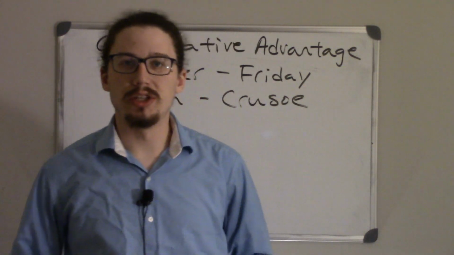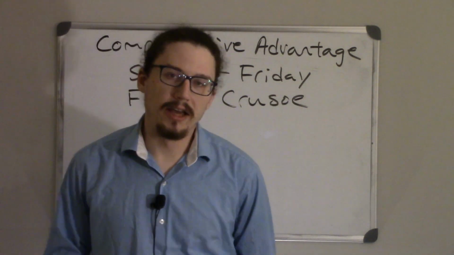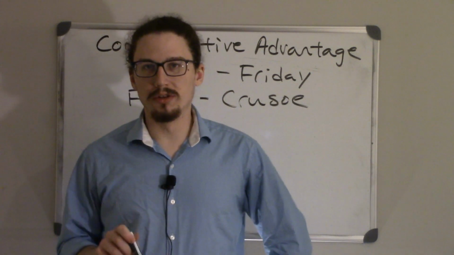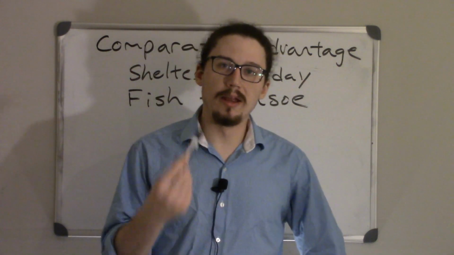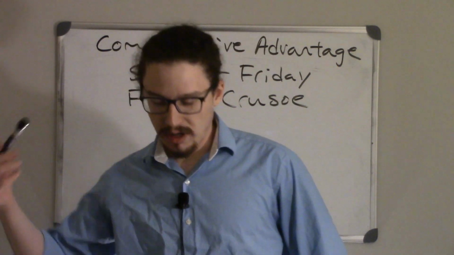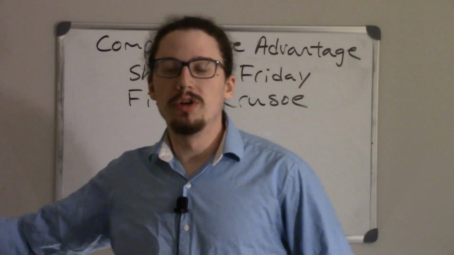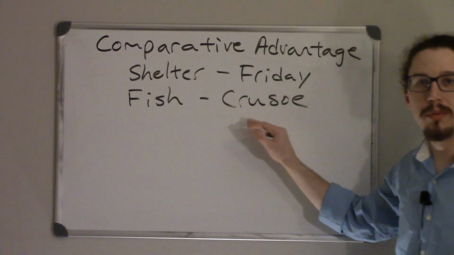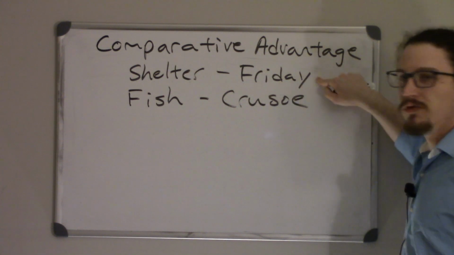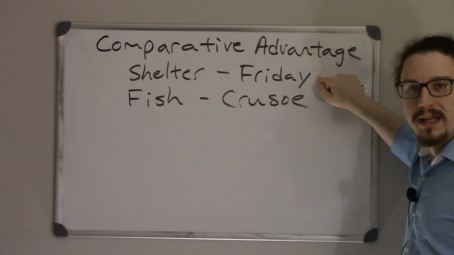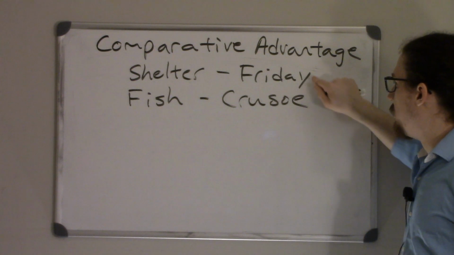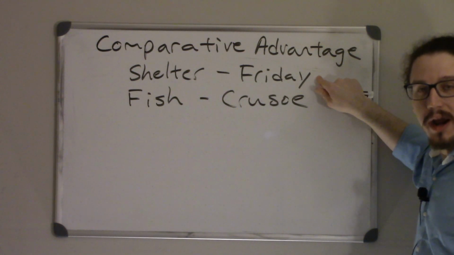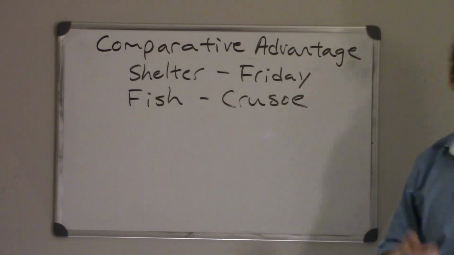If we look at Friday, the fact that Friday has the comparative advantage in shelter is saying that Friday can produce more shelter while giving up fewer units of fish than Crusoe. So it makes sense for Friday to focus on what he is better at, right? Comparatively, he is better at producing shelter.